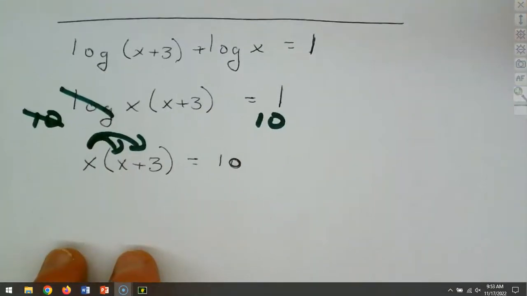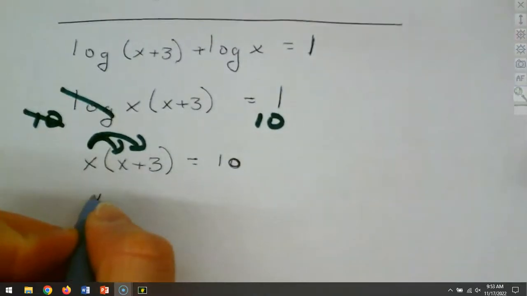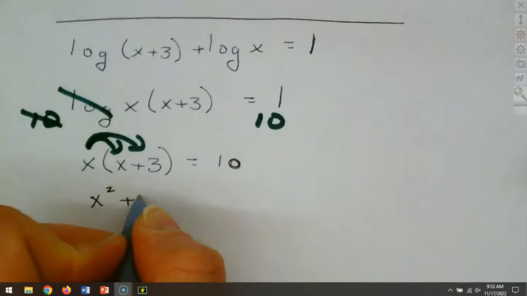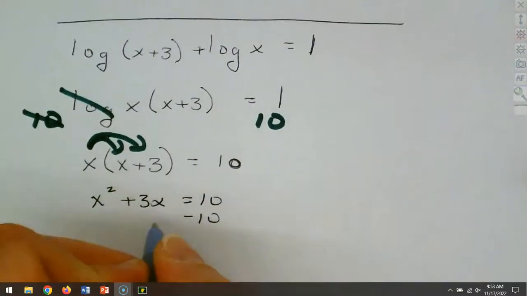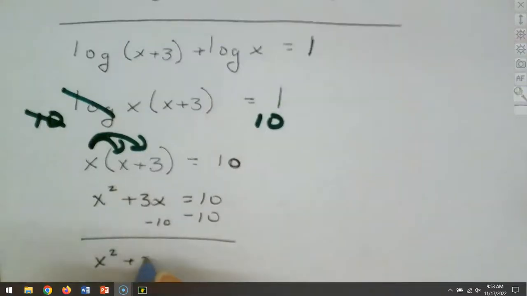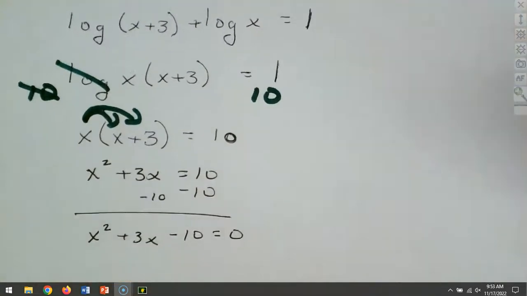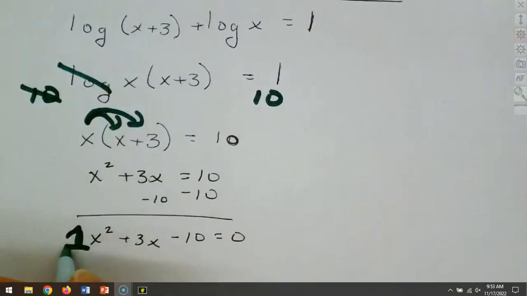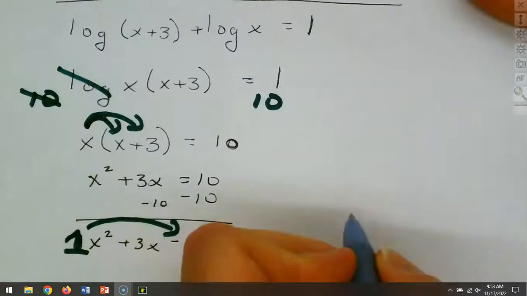Do I give you challenging questions? So distribute that x through, and we get x squared plus 3x equals 10. Now what do we do? We move our 10 over, and now we've got something that we can solve. We should know how to factor this. It should factor out nicely, because first times the last is going to be negative 10.